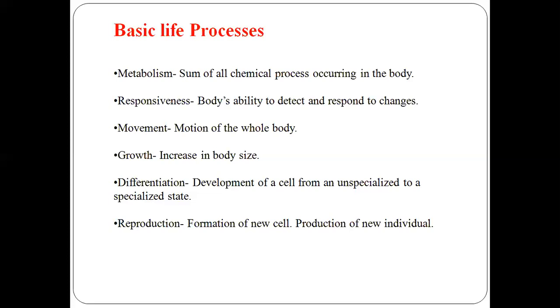In humans, the former process, the formation of new cells for tissue growth, repair, or replacement, occurs continuously throughout life, while life continues from one generation to the next through the latter process, which is the production of new individuals, and the fertilization of an ovum by a sperm cell.